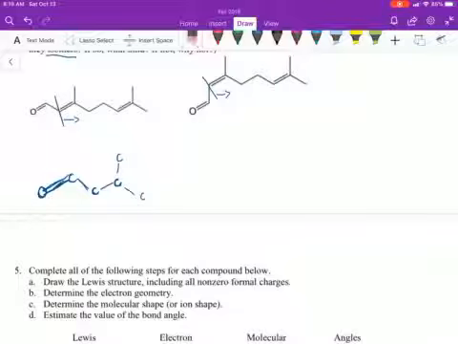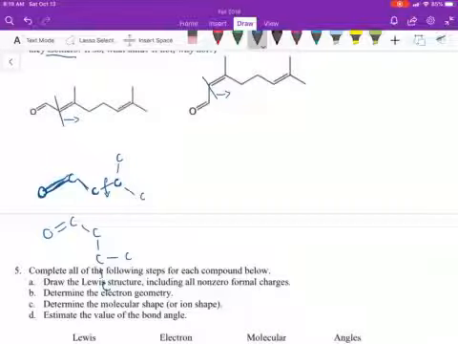Then we could rotate that down and it'd look like oxygen, carbon, carbon, carbon, carbon, carbon.